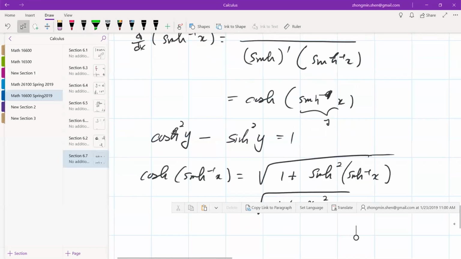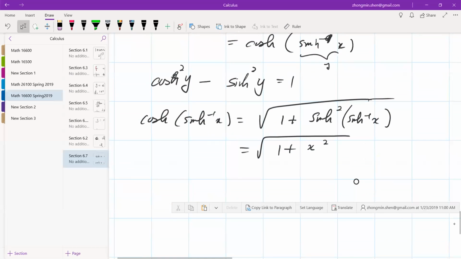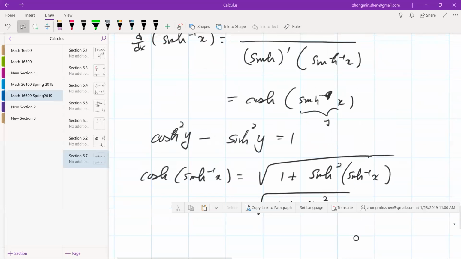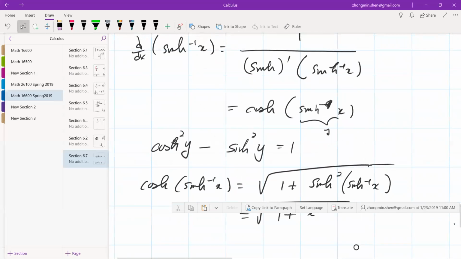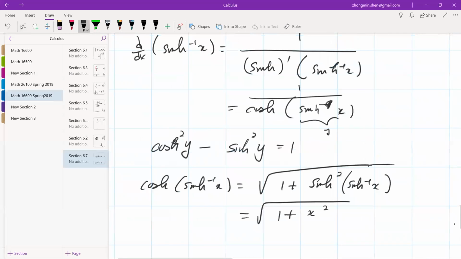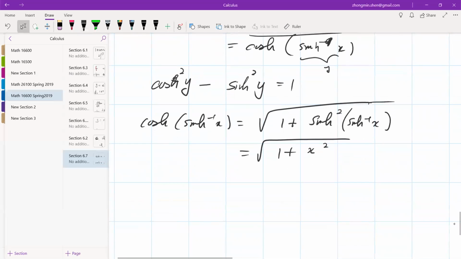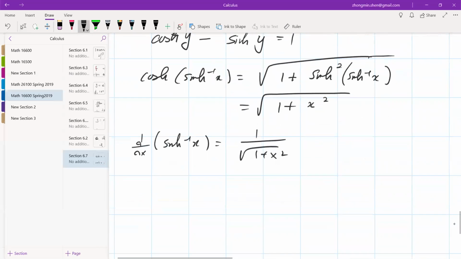Okay, so that's another quick way to find the derivative. Then this is the denominator, so you can get a quick answer for that. Right, so cool.